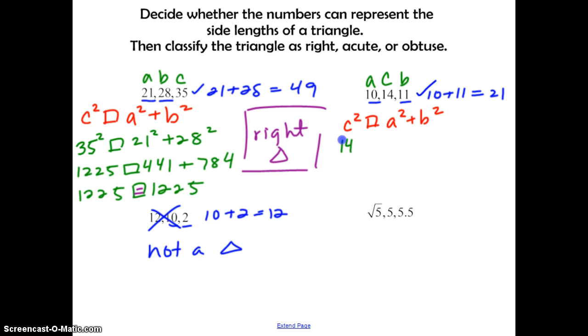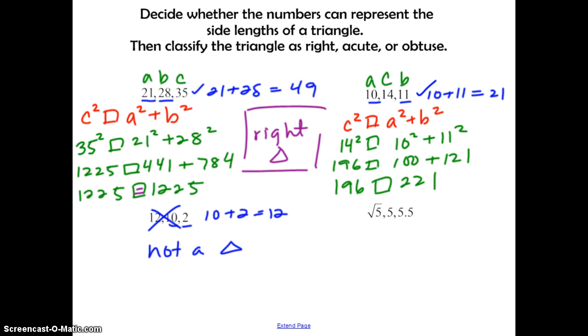So c is going to be 14, a is 10, and b is 11. 14 squared is 196, 10 squared is 100, and 11 squared is 121. Then we have 196, box 221.